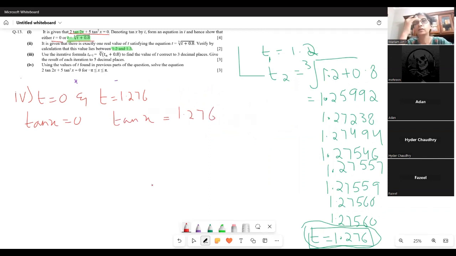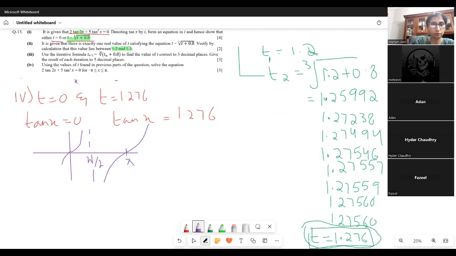When is tan equal to 0? Draw the graph of tan. It goes like this, with an asymptote at pi by 2, and then it goes like this.